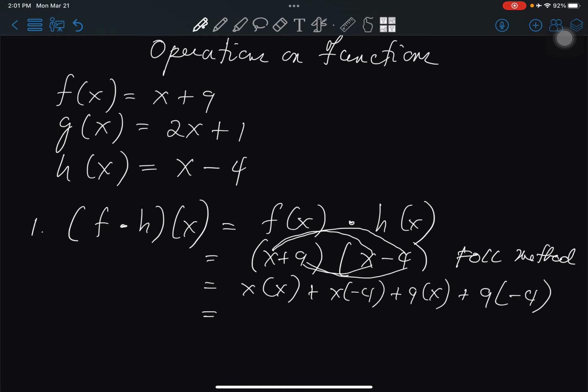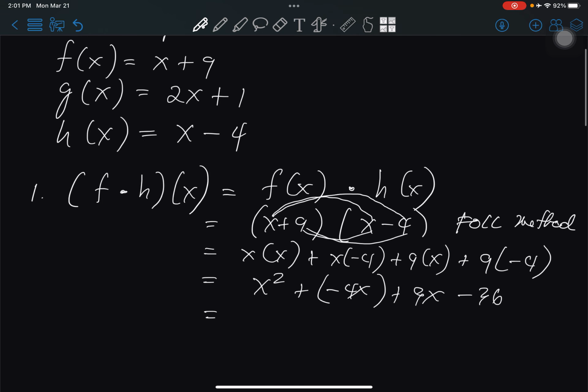So x times x, we have now your x squared, using your law of exponents, the first one, okay? Then we have plus negative 4x plus 9 times x, that's 9x. Then plus 9 multiplied by negative 4, that will become minus 36. Then next, we are going to combine like terms. Here, as you can see, we have x squared.